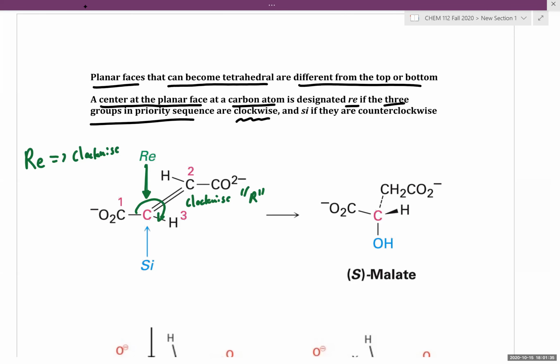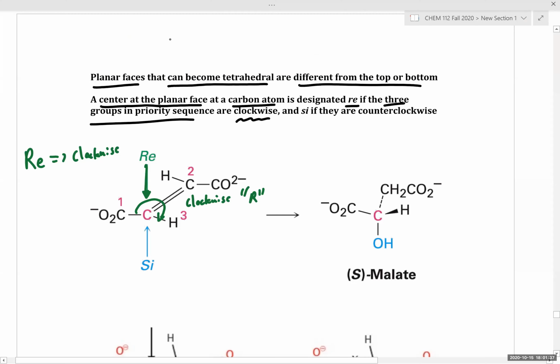Now from the Si approach, it's important to consider that when we're looking at our molecule from the bottom up, let me make a model of this structure because it's often hard to see what changes when we look at the Re and Si face.